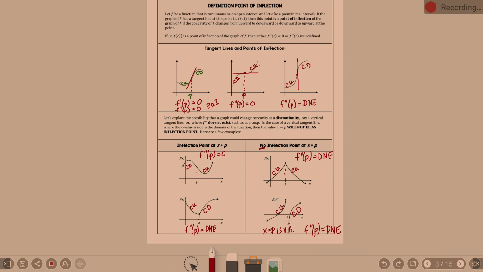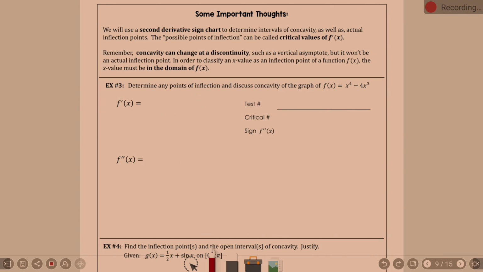Okay. As we look at the next page, we're going to talk about sign charts here. So we'll use a second derivative sign chart to determine intervals of concavity, as well as actual inflection points. The possible points of inflection can be called the critical values of f double prime.